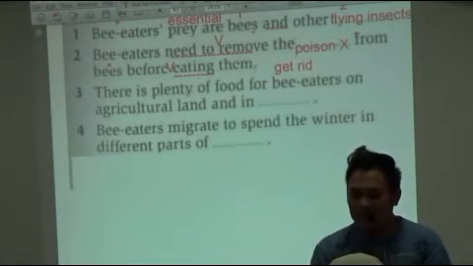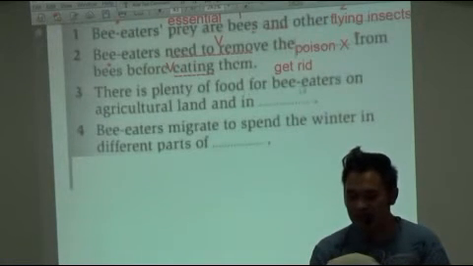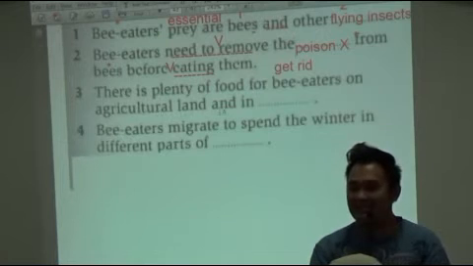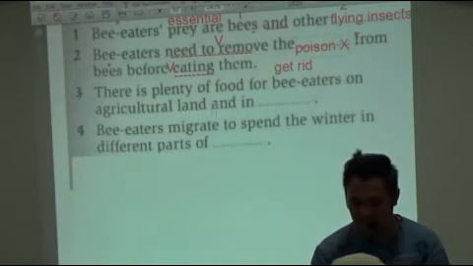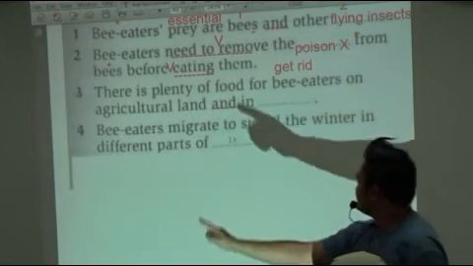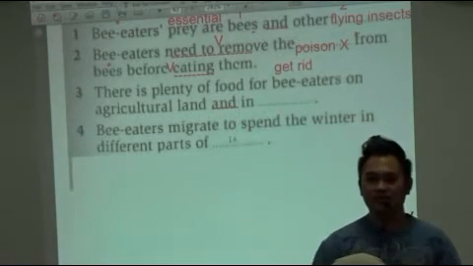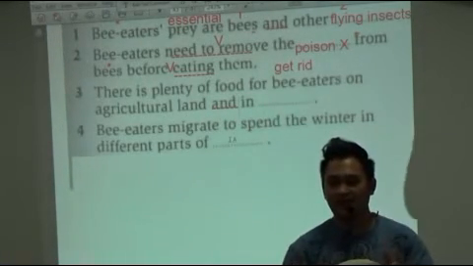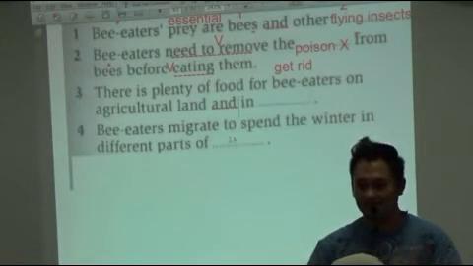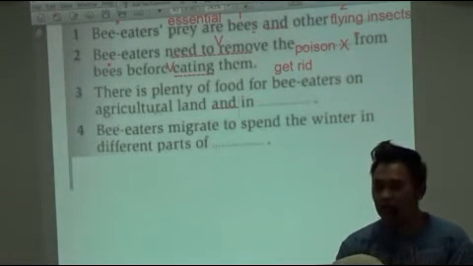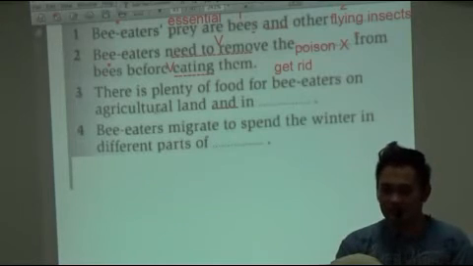"There is plenty of food for bee eaters on agricultural land and in..." Oh, there it is, the word "and." What do we follow? Parallel. Same. Agricultural. Everybody say agricultural.